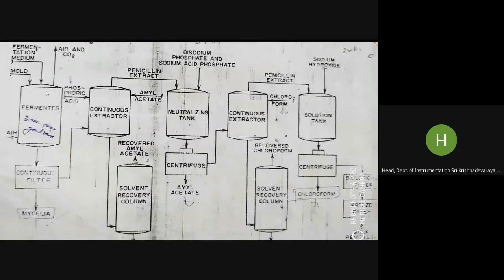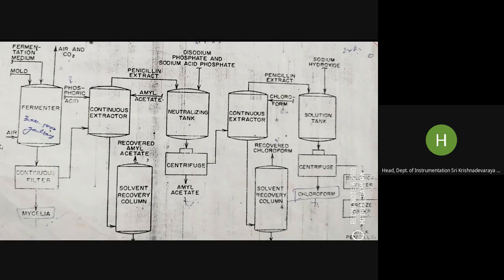And just try to follow this process flow chart. If we describe the process of penicillin production systematically, you will have a fermentation medium here on top. A suitable fermentation medium, such as corn steep liquor, adjusted for nutrients and pH, is inoculated with selected mold spores, which multiply to produce penicillin.